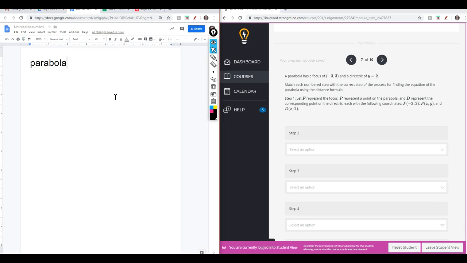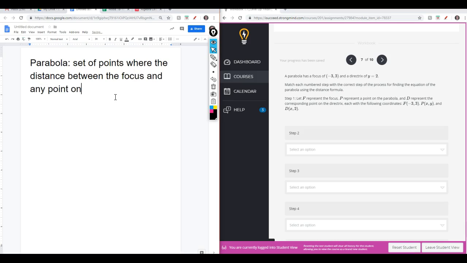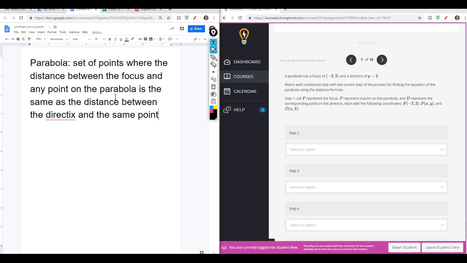Okay, well, the definition of a parabola is the set of points where the distance between the focus and any point on the parabola is the same as the distance between the directrix and the same point on the parabola.